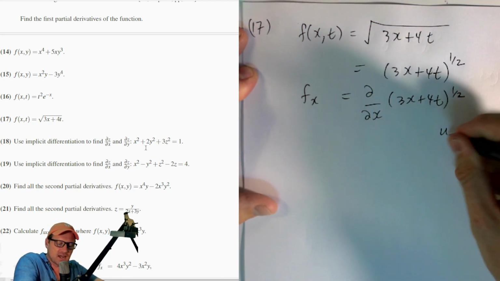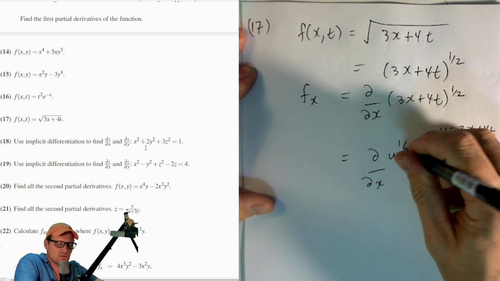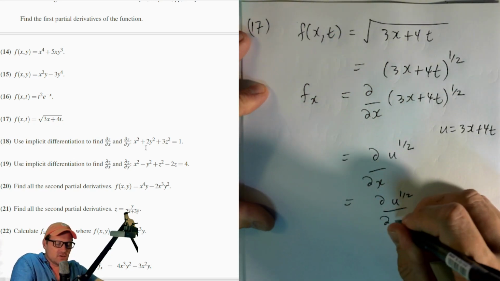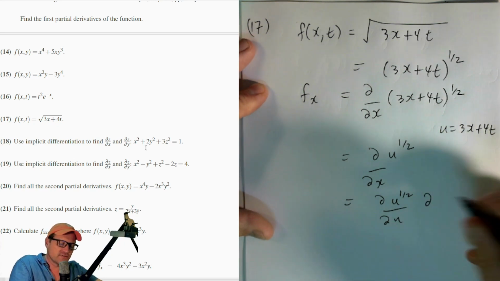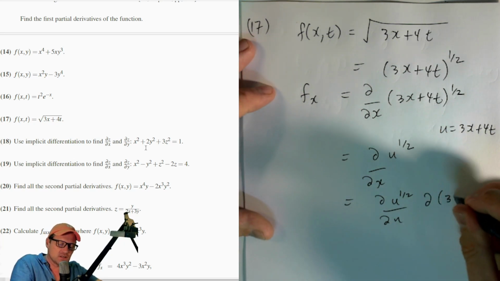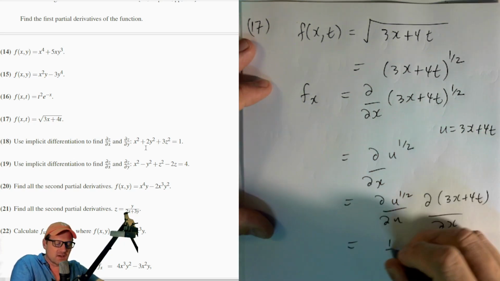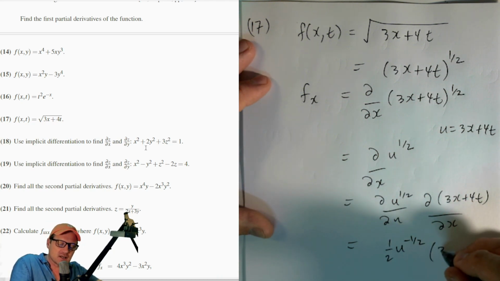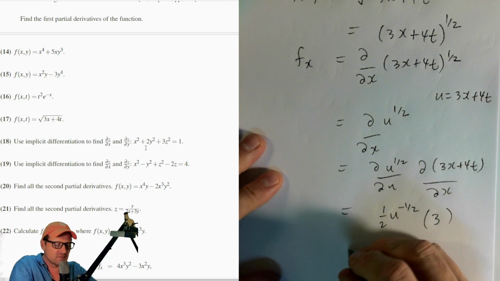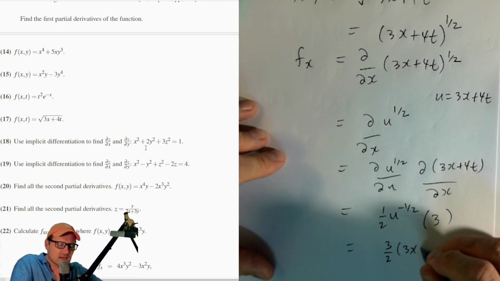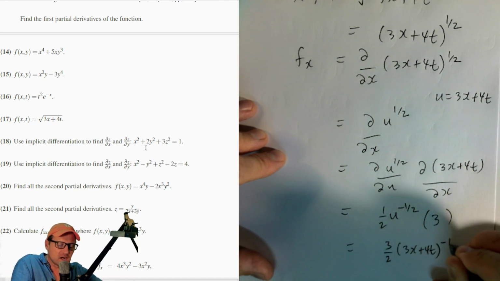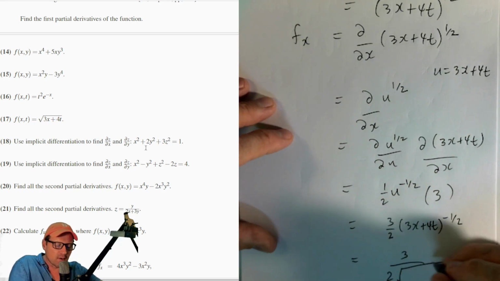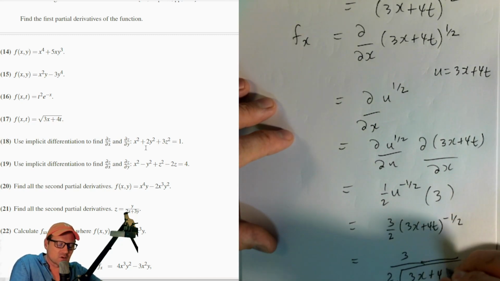Now this needs the chain rule, so we're differentiating u to the 1/2 with respect to x, but using the chain rule, this is the derivative of u to the half with respect to u times the derivative of u with respect to x, but u is 3x plus 4t. So we have 1/2 u to the minus 1/2 times this derivative, which is just 3. And so we have 3 over 2 times (3x plus 4t) to the power of minus 1/2, which can be written as 3 over 2 times the square root of 3x plus 4t.